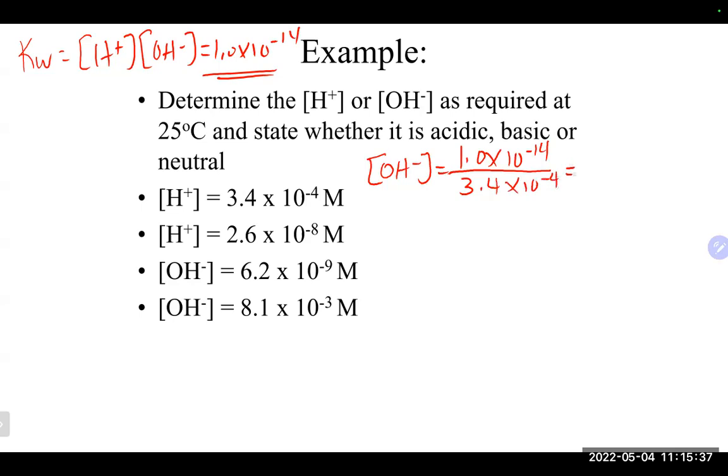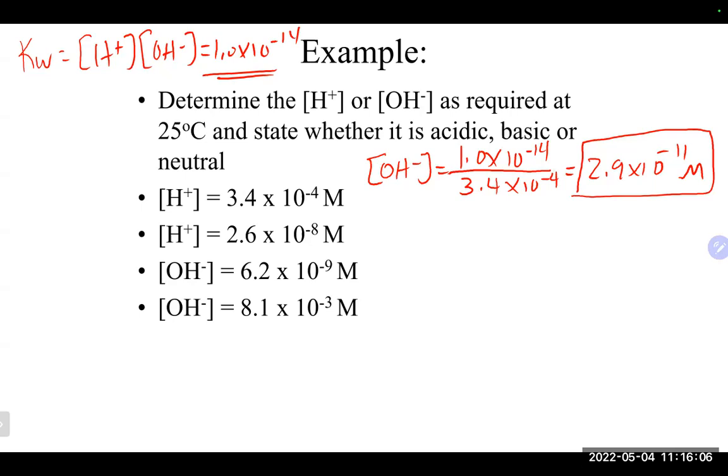And if we do that there, making sure we use our exponent button, so 1 exponent button negative 14 divided by 3.4 exponent button negative 4 will give us a 2.9 times 10 to the minus 11. It does need molarity as it is a concentration, so it needs a unit associated with it.